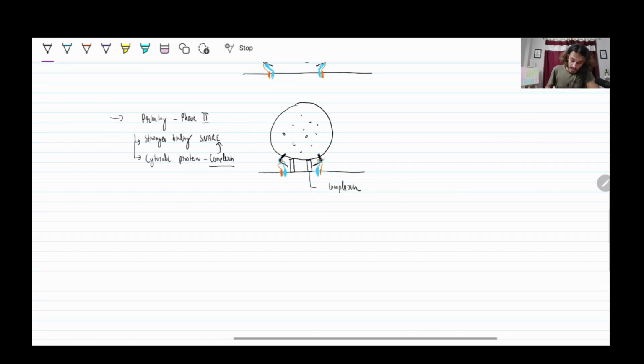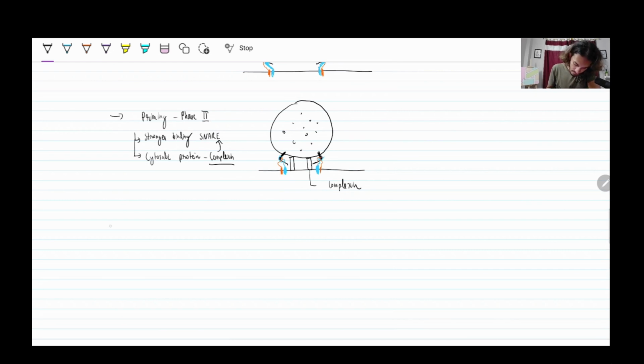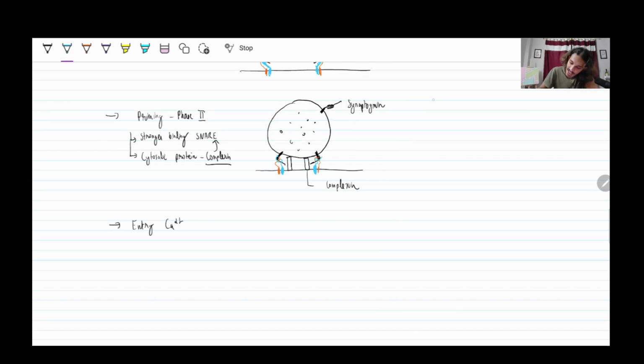Okay. The next thing that is going to happen is your entry of calcium. So this is where you have to understand the importance of this structure that we were talking about, which is called synaptomin. The structure called synaptomin is there, and this is where the calcium which is coming inside will come and bind to the synaptomin, resulting in this getting attached in the membrane structure, and your complexin is removed.